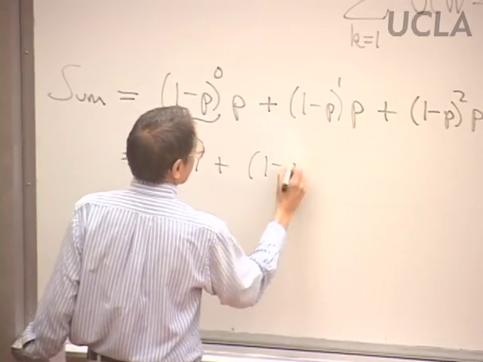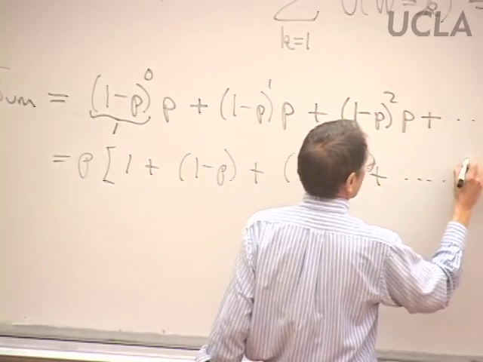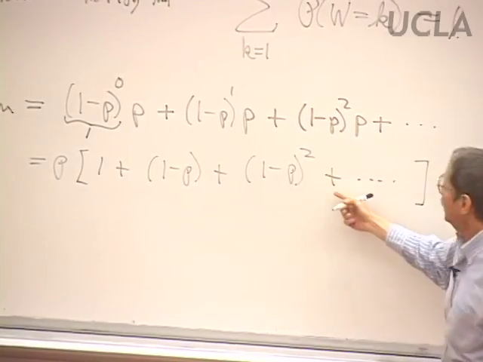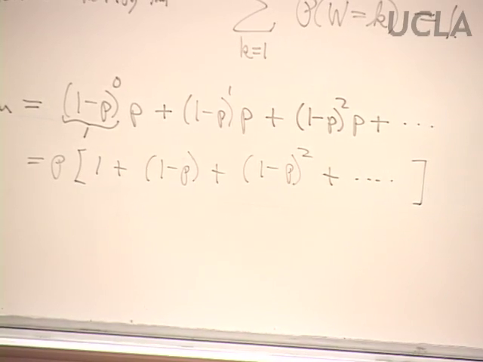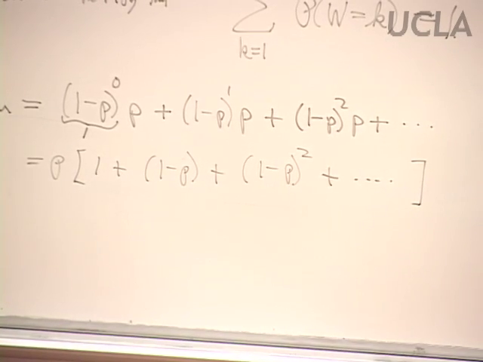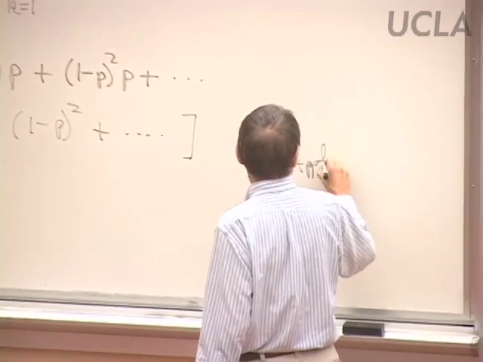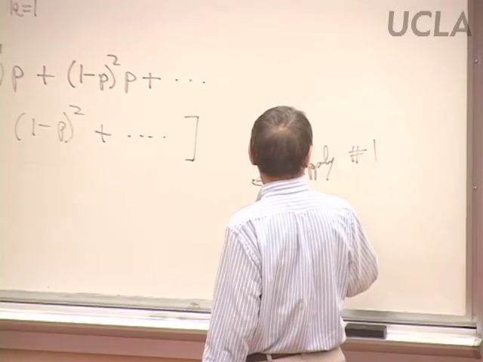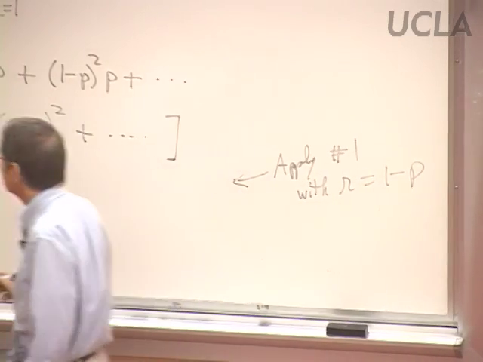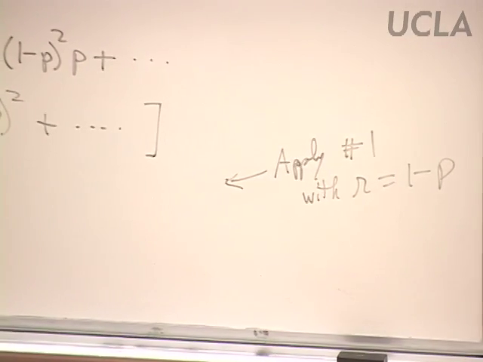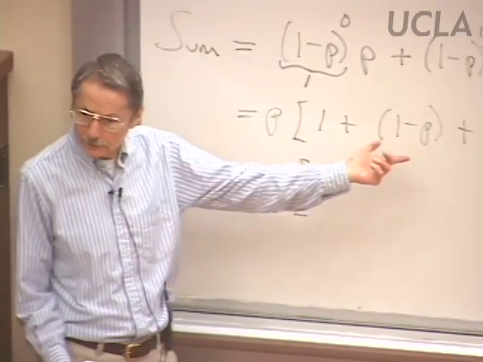One plus (1 minus p) plus (1 minus p) squared and so on. Aha, nothing but a geometric series where r is 1 minus p. So we'll apply equation number 1 with r equal to 1 minus p to the series in brackets there.